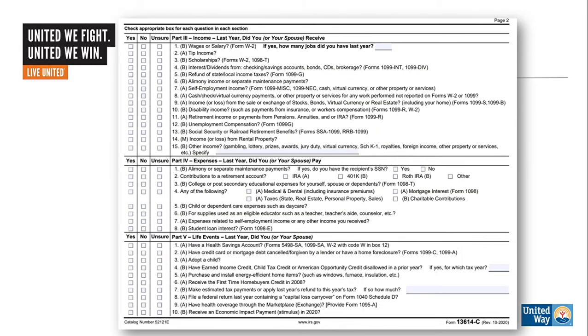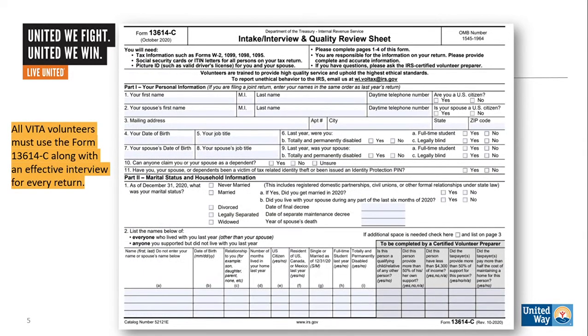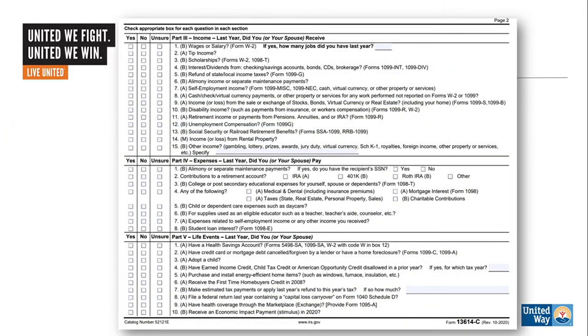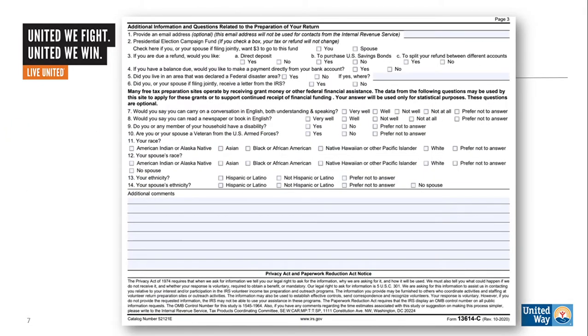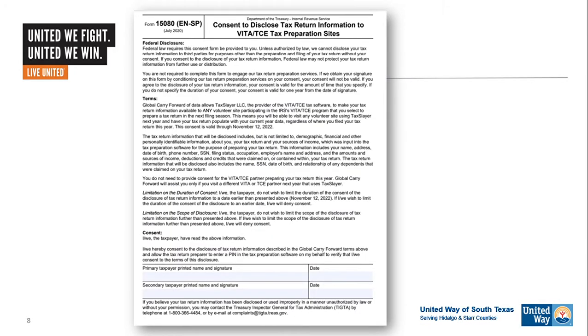Like you see, there's a lot of questions on this form, so it is much easier for our intake specialist to help the client fill it out, because it is lengthy and they might take a little while to fill it out themselves. On page 4, there is a consent to disclose tax return information.